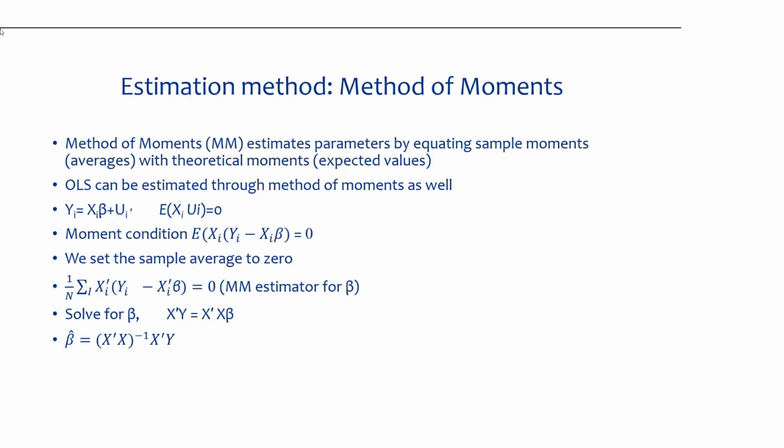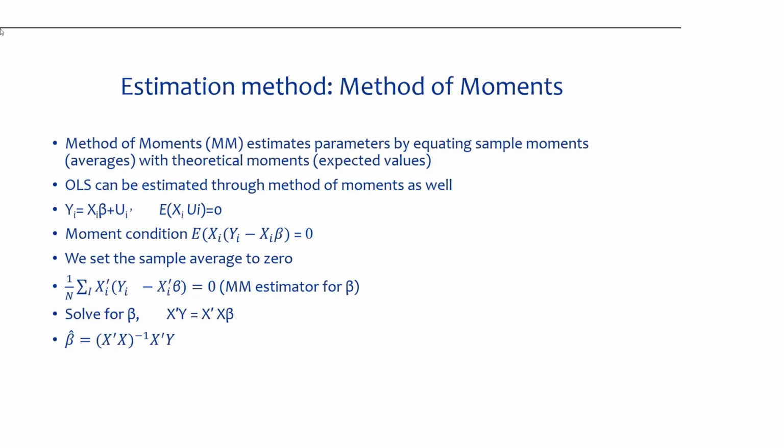If what you need to find is the expected value of this, what is beta? Beta can be written as yi minus xi beta. Then this error term, what is this ui? Ui can be written as yi minus xi beta, right?